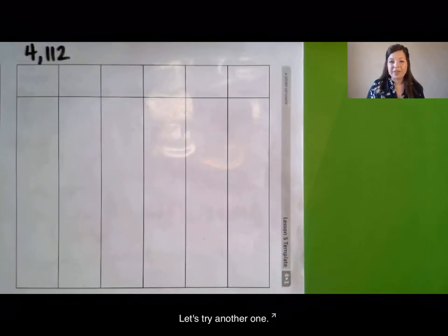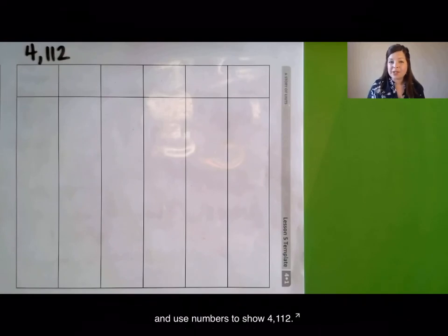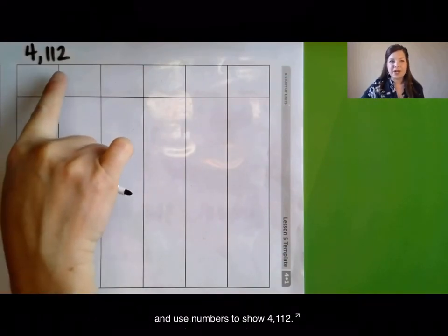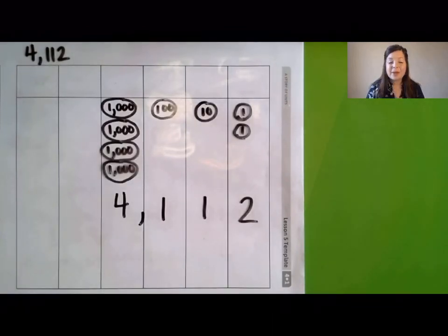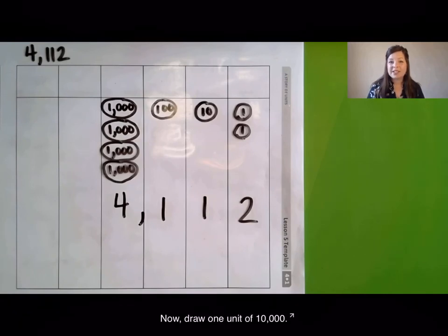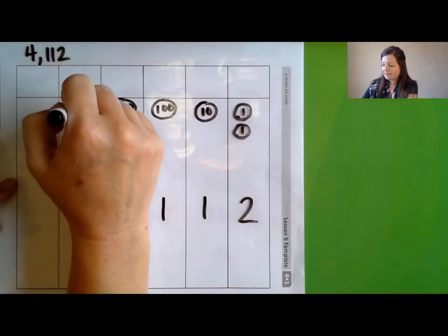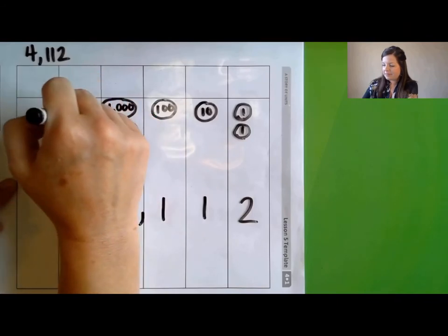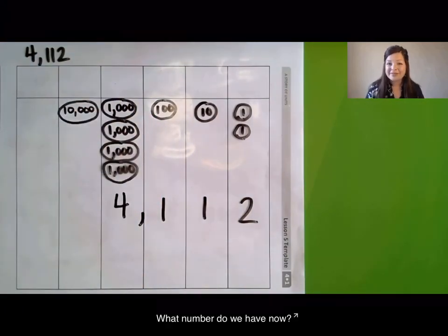Let's try another one. Pause the video and draw place value discs and use numbers to show 4,112. Compare your work with mine. Now, draw one unit of 10,000. What number do we have now?